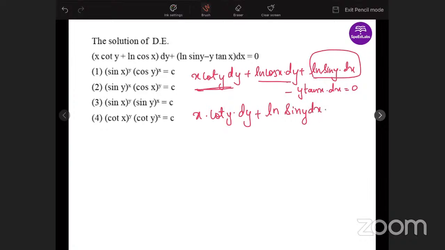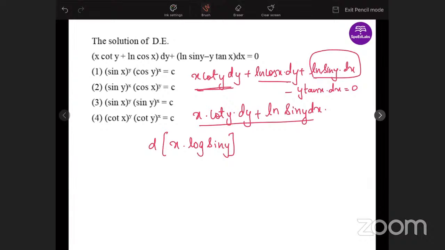So now this whole thing, if I clearly observe, can I write it as d of x times log sin y? Can I write it like this or not? Yes, sir, we can write it. In the previous question you were asking x cot y into dy by dx, right?